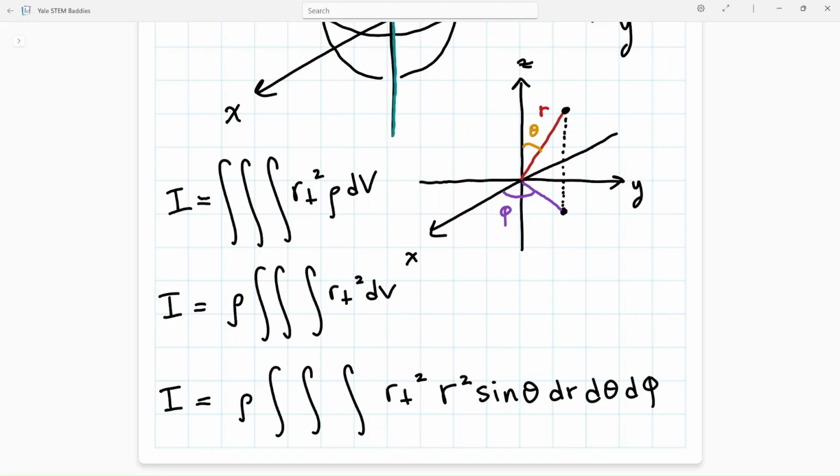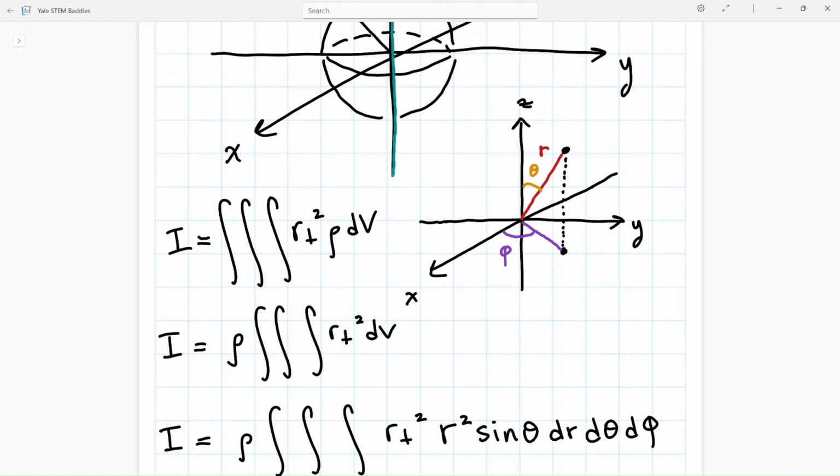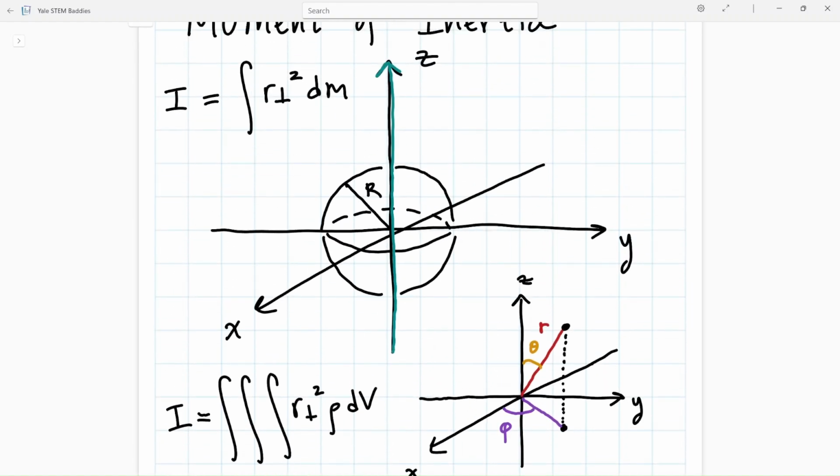Okay, perfect. The last thing we need to do, there's actually two things we need to do. We need to write down our bounds of integration, and we have to represent r perpendicular in terms of our spherical coordinates. So first of all, what are our bounds?